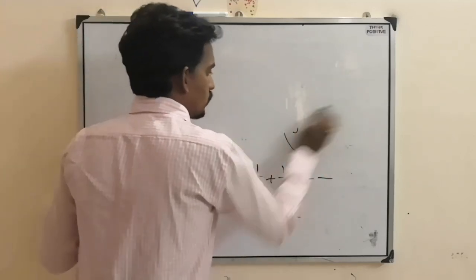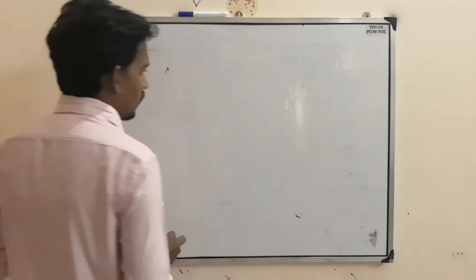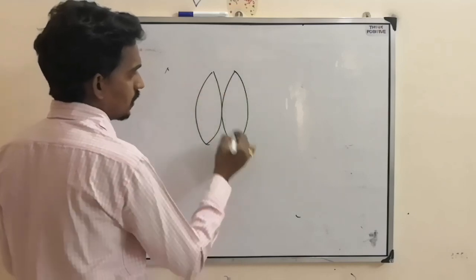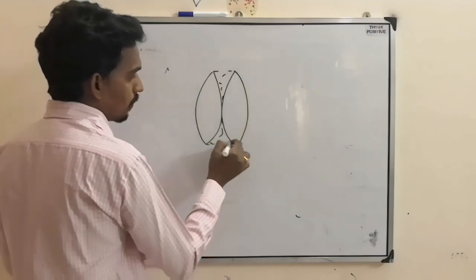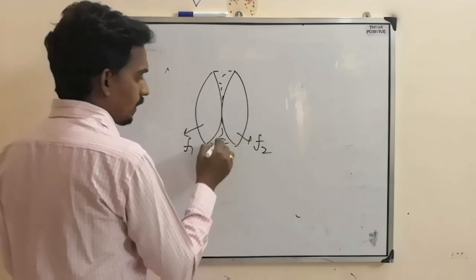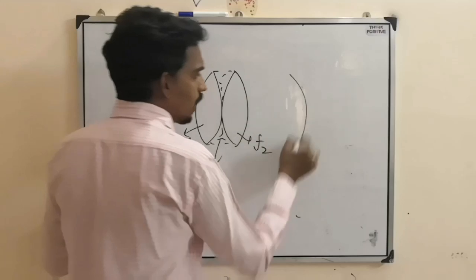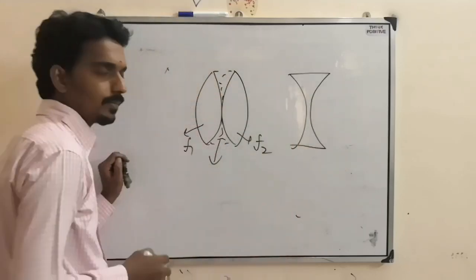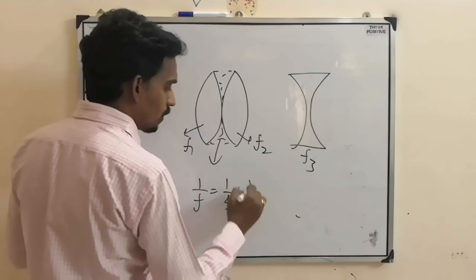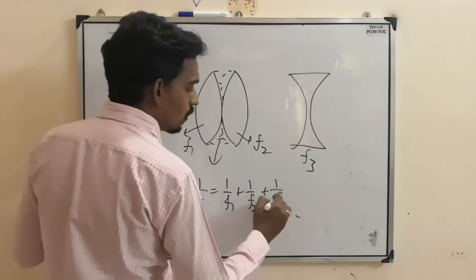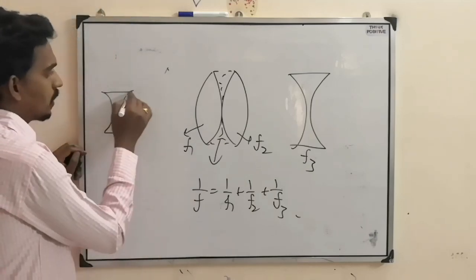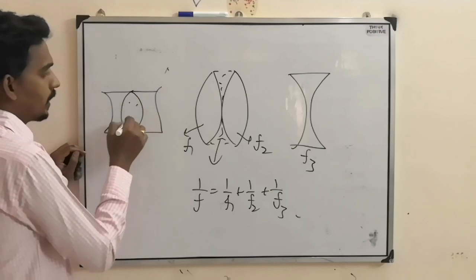But here I will show you something. Usually they will ask, you take one convex lens, another convex lens, and they will tell you it is filled with some medium. So now this is F1, this is F2 and this one is like a concave lens, F3. Then 1 by F will become 1 by F1 plus 1 by F2 plus 1 by F3. Or between two concave lenses also they can fill some medium.